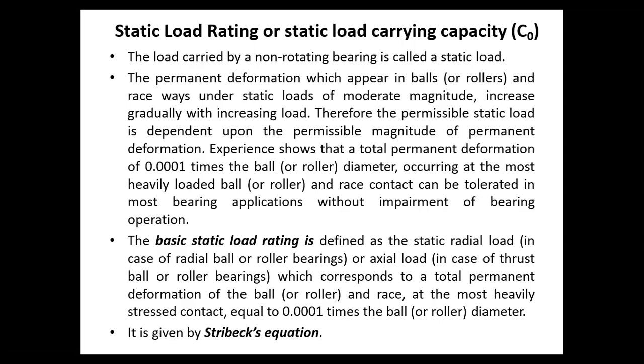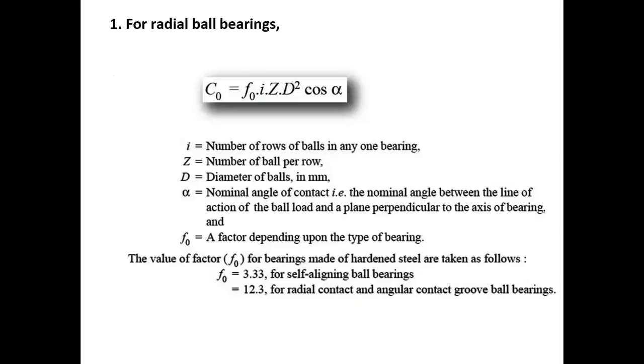It is given by Stribeck's equation, which is denoted as C0 = f0 i Z D² cos α, where i is the number of rows of balls in any one bearing, Z is the number of balls per row, D is the diameter of balls, and α is the nominal angle of contact.